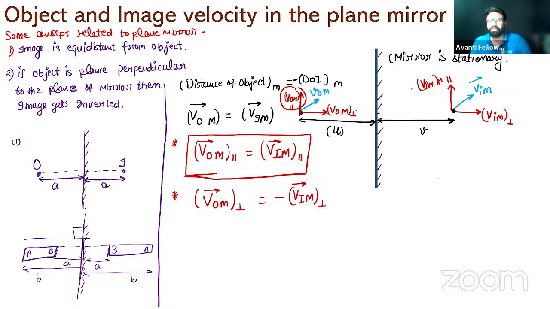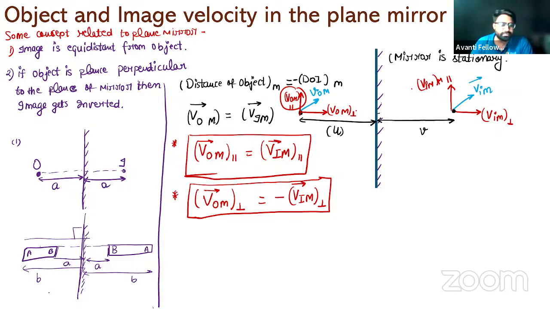This is pretty obvious: look, this is my plane mirror, if my object is going like this, then my image will also come closer. The closer the object comes, the closer the image keeps forming. This means the velocity perpendicular to the plane of the mirror is negative in direction of the velocity of the image perpendicular to the mirror. Got it? So this is the second relation between them. Now this happens only when the mirror is stationary.